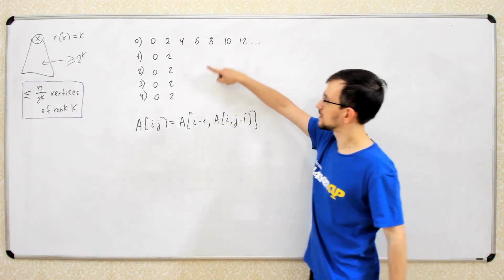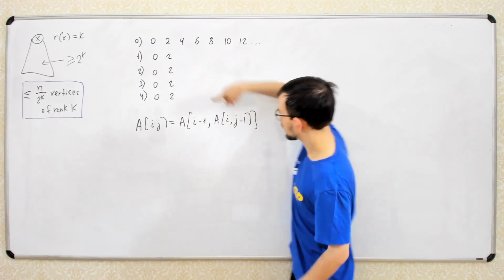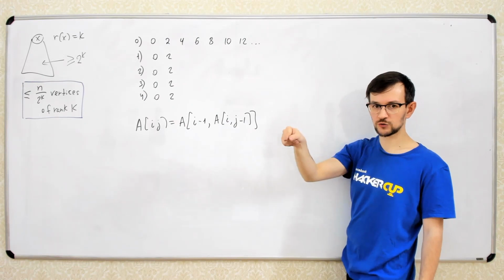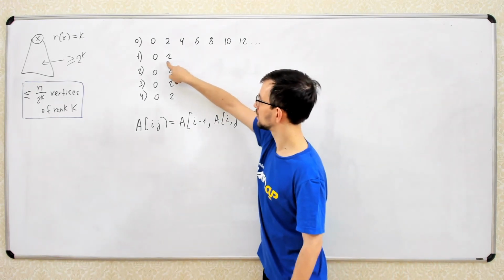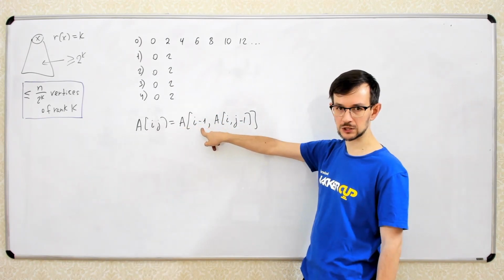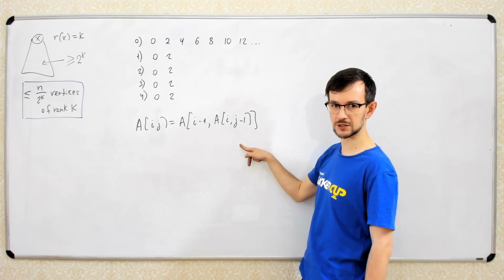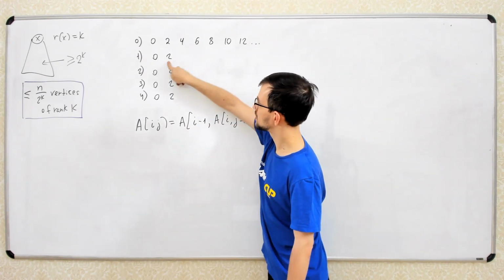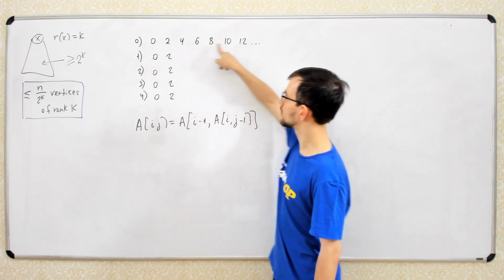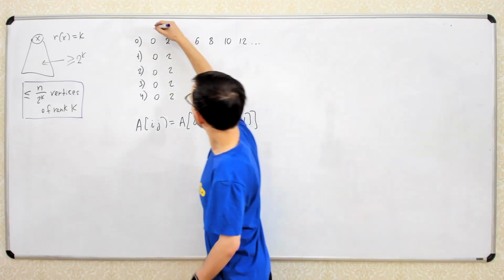So, for example, in this sequence, what value should we put here? We take the value to the left, go to the previous sequence, and find the element with this index. These are indices.